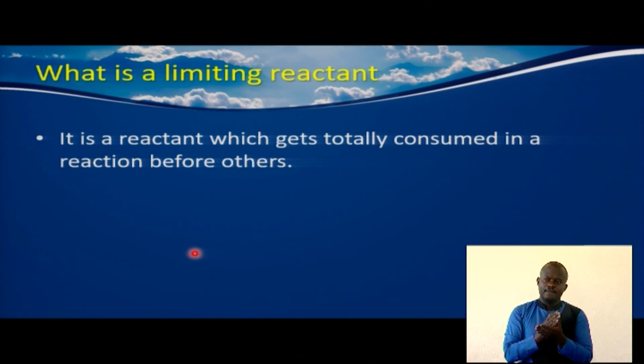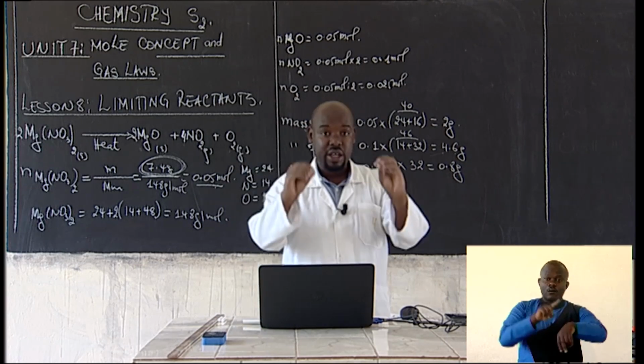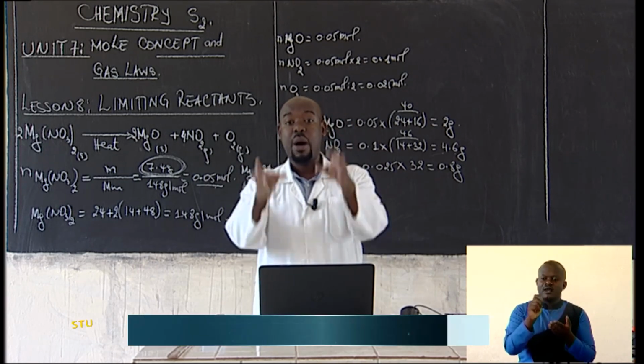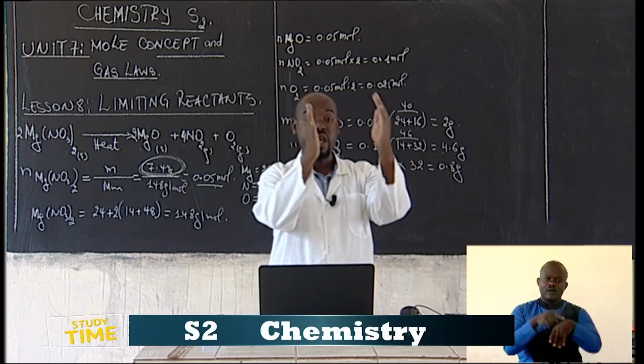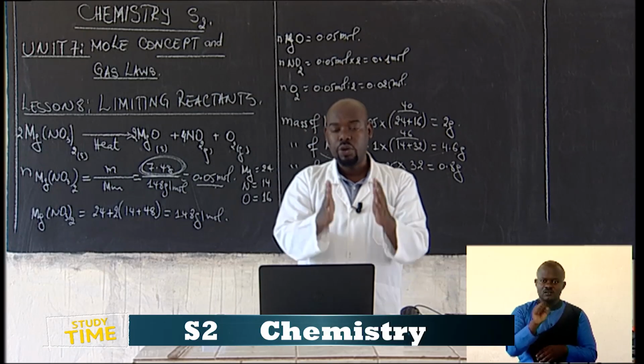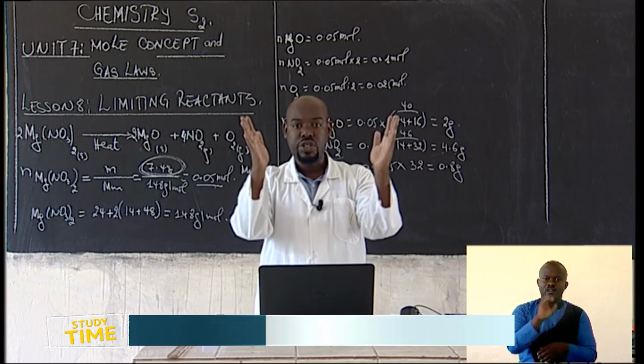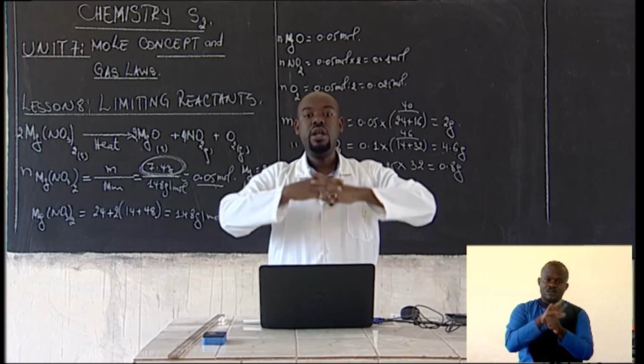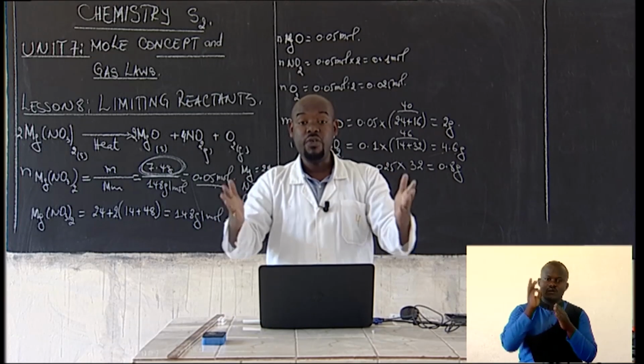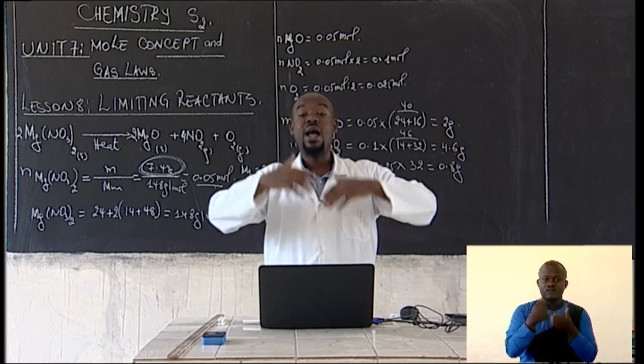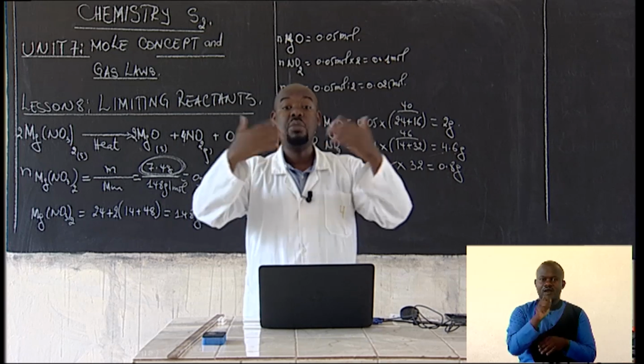The reaction takes place when we have reactants which are combining. But when one of the reactants is totally consumed, then the reaction will stop, even if you have some other reactants which are remaining.